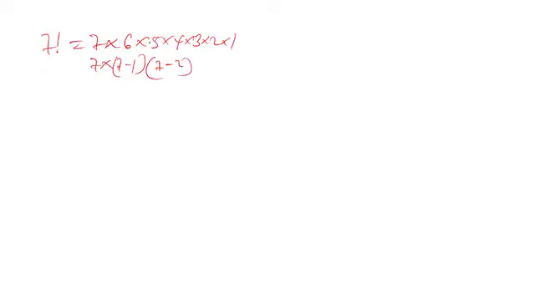Okay, we are still moving further. I want you to understand that, remember what we did when we had 7 factorial. It was equal to 7 times 6 times 5 times 4 times 3 times 2 times 1. So it was 7 times 7 minus 1, which is 6, then 7 minus 2, which was 5, 7 minus 3, which was 4, 7 minus 4, which was 3, 7 minus 5, which was 2, 7 minus 6, which was 1, but you can't do 7 minus 7 to give you 0 and condemn everything.